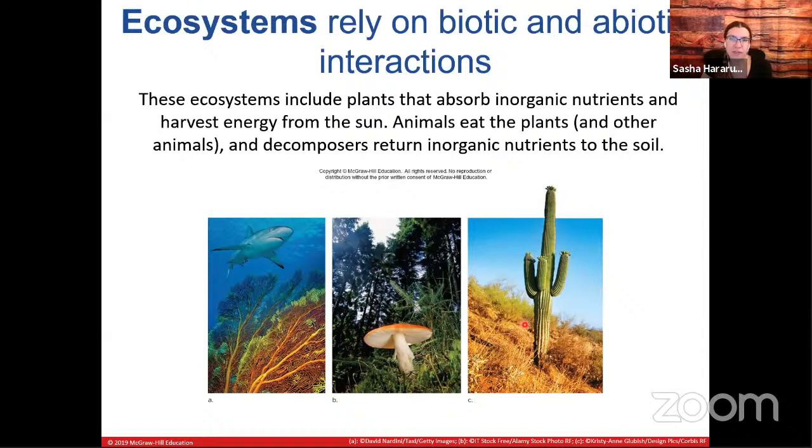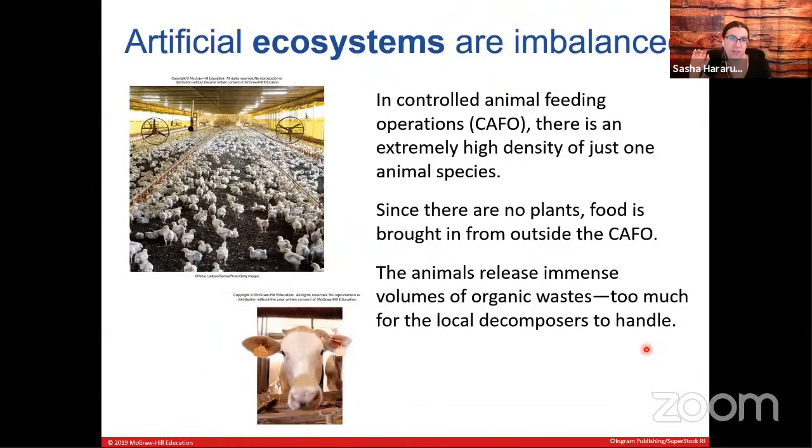These three ecosystems need no external intervention from humans to keep existing. They're going to do just fine if all humans are gone. But ecosystems like these need a constant supply of feed and water, constant supply of nutrients and water, in order to keep existing.